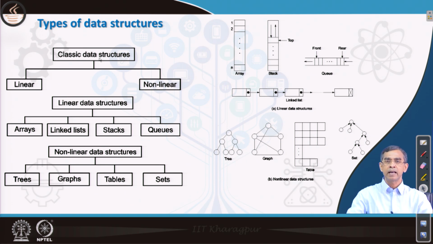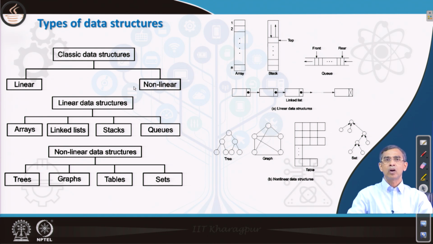First of all, let us learn what the basic data structures are. The basic data structures are of two types. They are either linear or non-linear type. Again, the linear type of data structures can be divided into different categories like arrays, linked lists, stacks and queues.